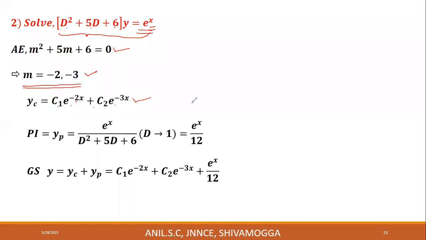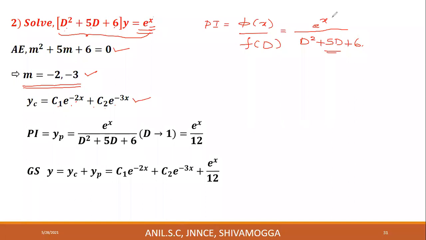This is yc. Now, the particular integral yp. yp, or PI, is always given by phi of x divided by f of d. Phi of x is e power x divided by f of d, and f of d is d square plus 5d plus 6.